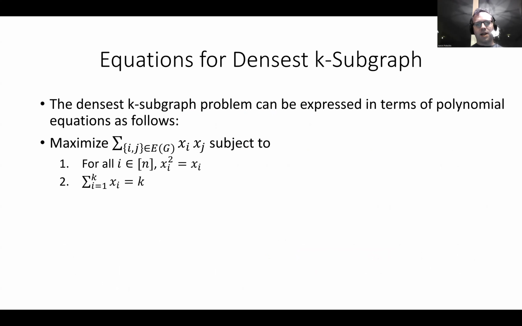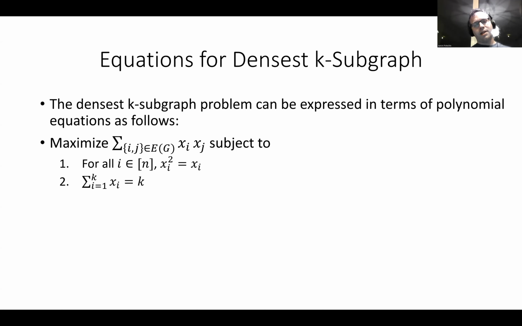So in order to precisely state our lower bound, we'll need to describe densest k-subgraph using polynomial equations. We can do that as follows. The idea is that for each vertex i, we have a variable xi, where we want xi to be 1 if i is in the dense subgraph, and xi equals 0 if it's not.